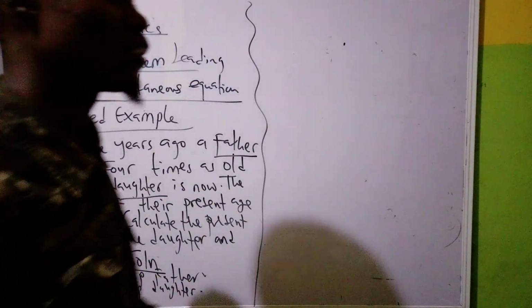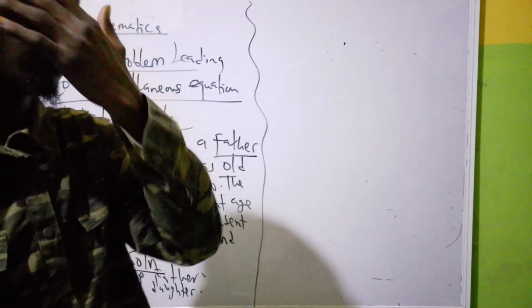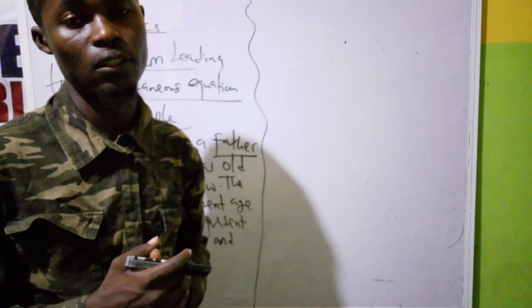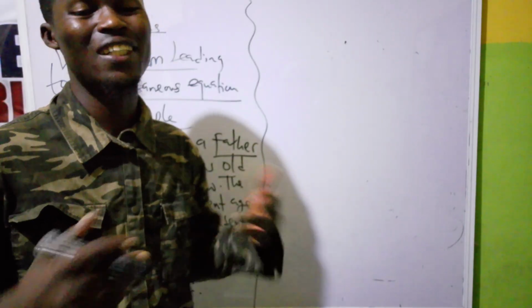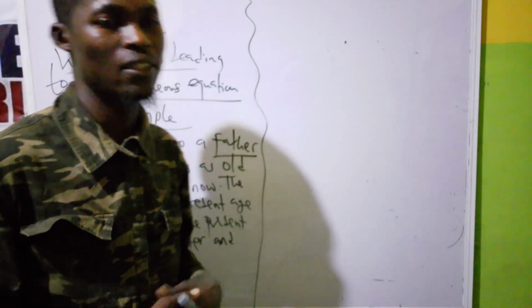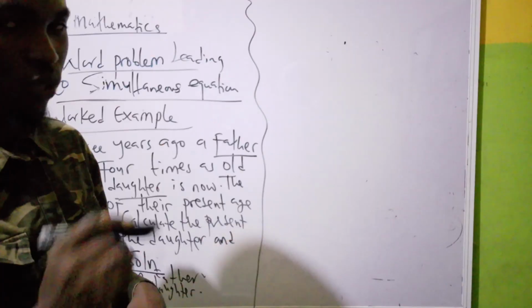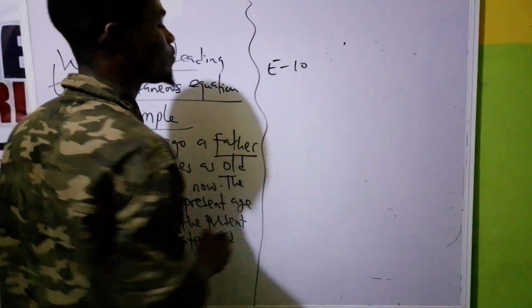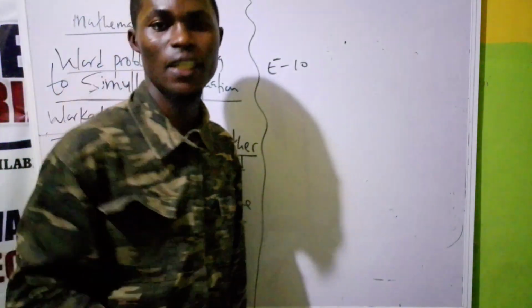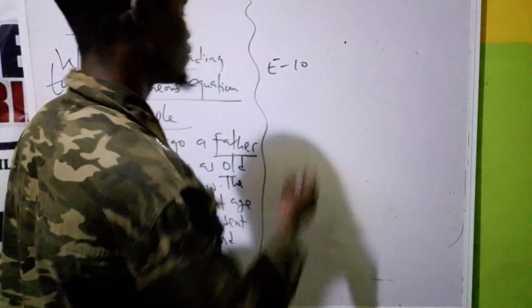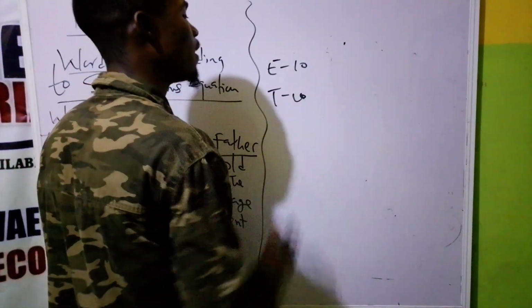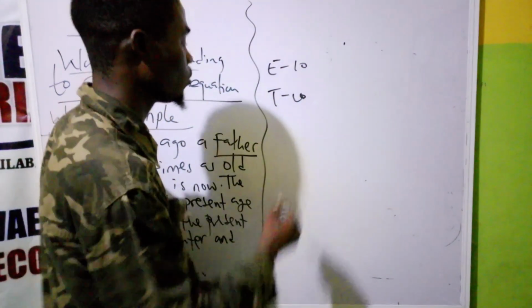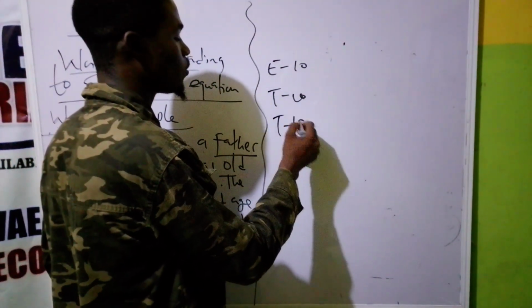If I say, for instance, 10 years ago, Elite is, that's E minus 10. 10 years ago, Tunde is Tunde minus 10. 18 years ago, you who are watching, let's say you are Tokumbo, 18 years ago.